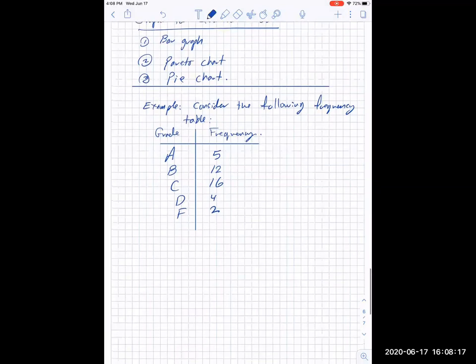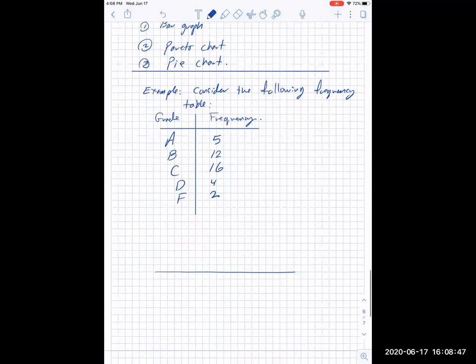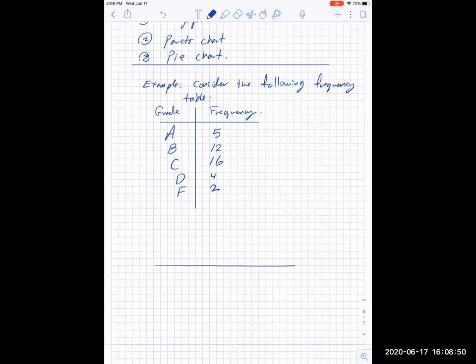Now, a bar graph is very simple. All you need to do is, give me a second, please, guys, 1 second. So the horizontal, I'm sorry, yes, the horizontal axis, I'm gonna put the category, or in this case, the grades.